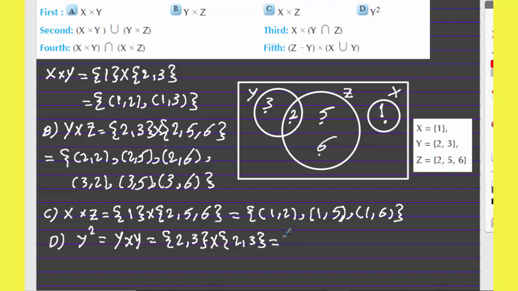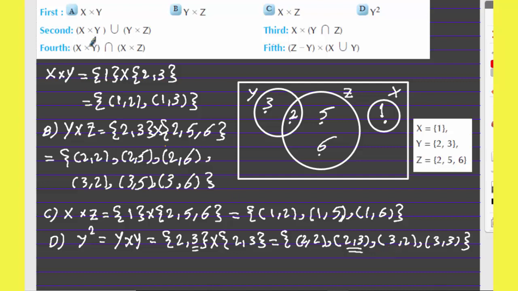So the result equals (2, 2), (2, 3), and we repeat again with 3: (3, 2), (3, 3). Note that the ordered pair (2, 3) is not equal to (3, 2). They are two different ordered pairs, two different points on the Cartesian product.